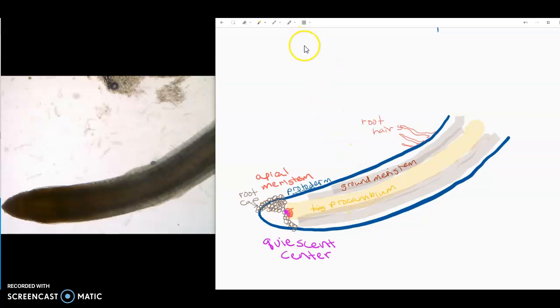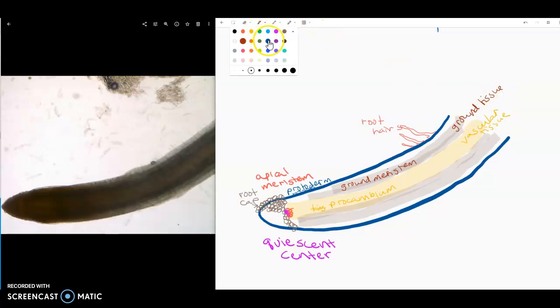And so these tissues on maturity, that will be your vascular tissue, becoming that central core in this eudicot and the monocot there. The ground meristem will mature into ground tissue, and the protoderm will become dermal tissue.